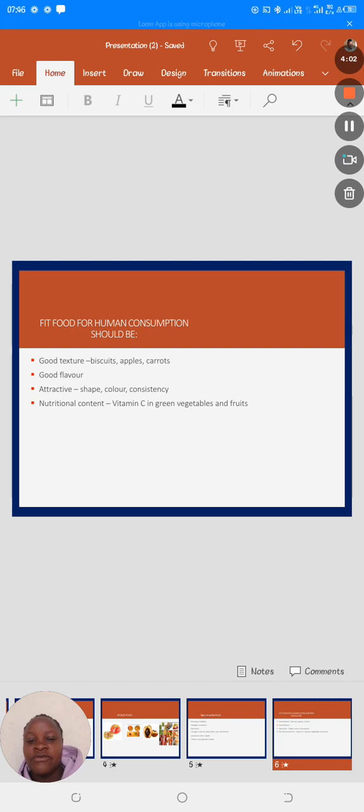And the food should be attractive in shape, should not shrink. The color, maybe if the food is supposed to be white, let it be white, not brown. The consistency, the food should be of the right consistency.